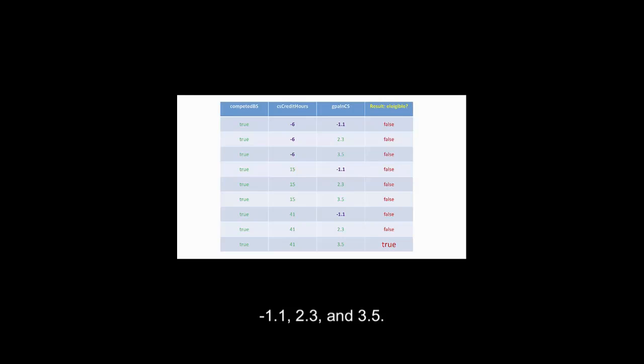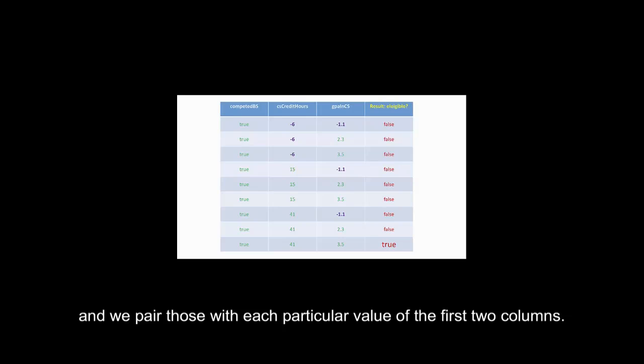And that's so that we can use in the third column three different values of GPA in CS, -1.1, 2.3, and 3.5, and pair those with each particular value of the first two columns.